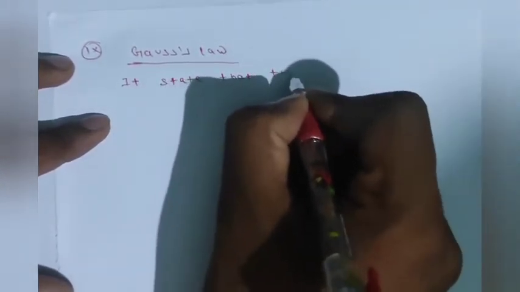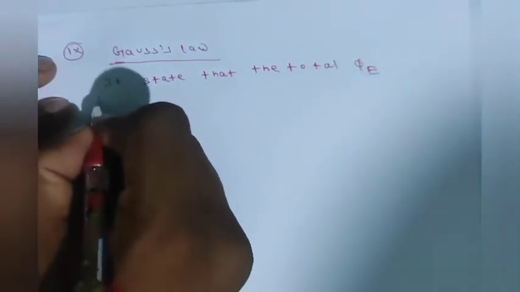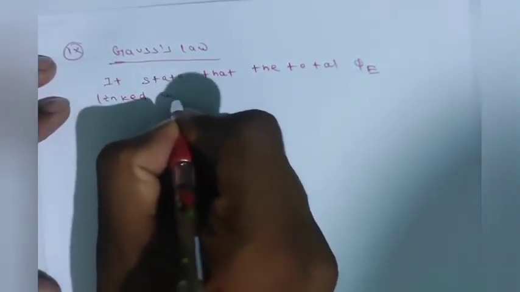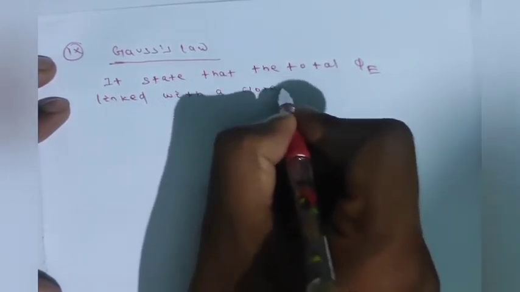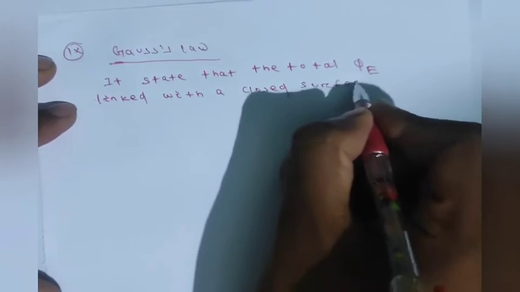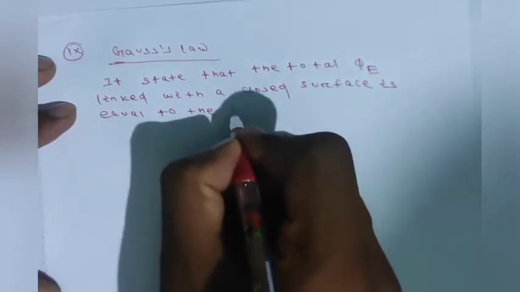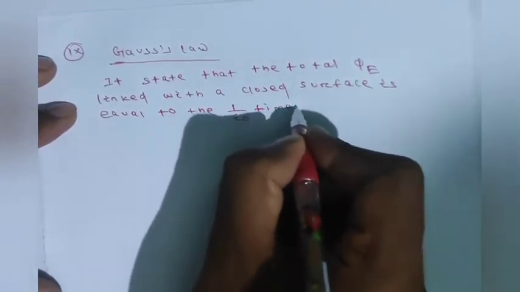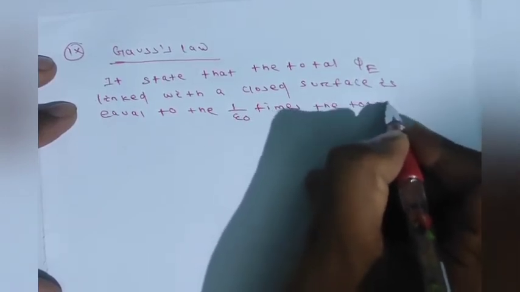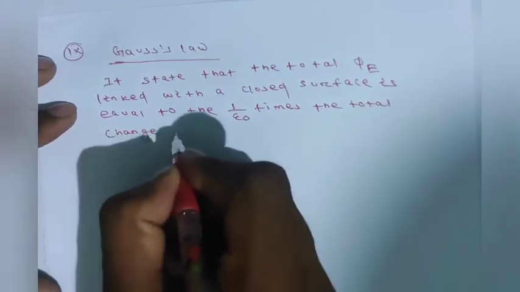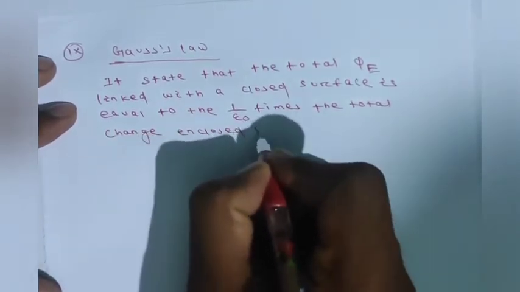So what is the Gauss law statement? It states that the total electric flux linked with a closed surface is equal to 1 by epsilon times the total charge enclosed by it.